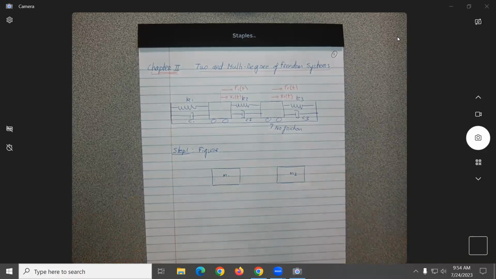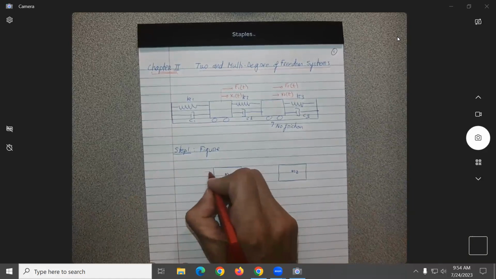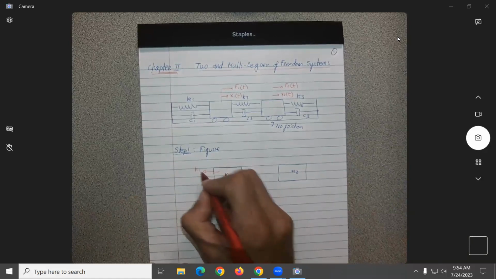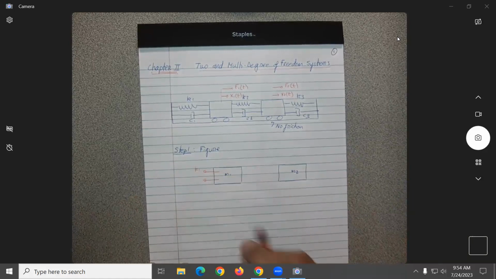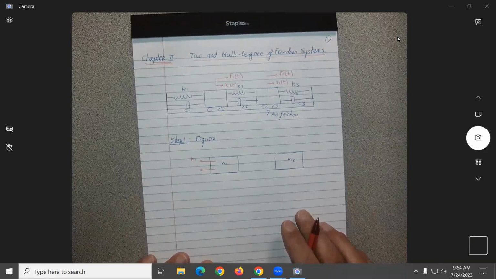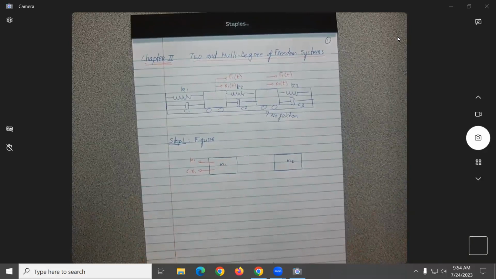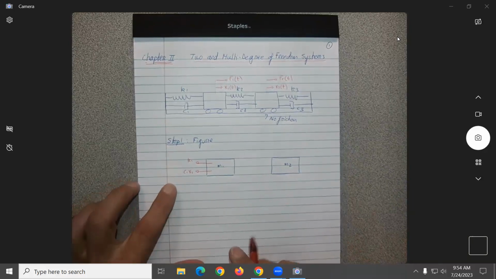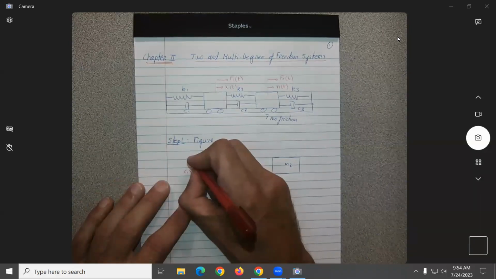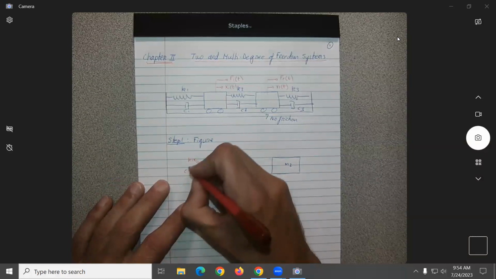Okay, so let's see, what would be the forces acting on M1? K1 x1, and yeah, we'll start by the left-hand side. I forgot to put the x1 here. And this will be x dot 1.